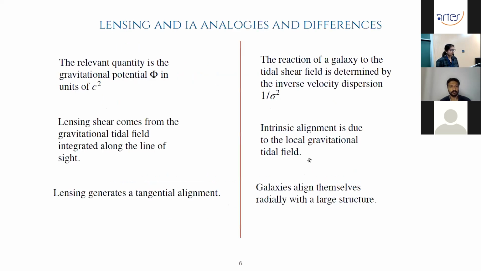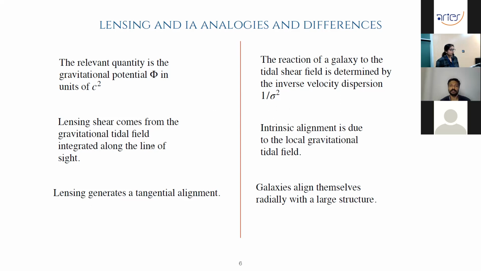That is the question. In order to answer that, first we need to understand that there are some analogies and differences between lensing and intrinsic alignment that are very interesting. For example, in the case of lensing, the relevant quantity is the gravitational potential in units of c square, and in the case of intrinsic alignments, we look at the velocity dispersion sigma square.